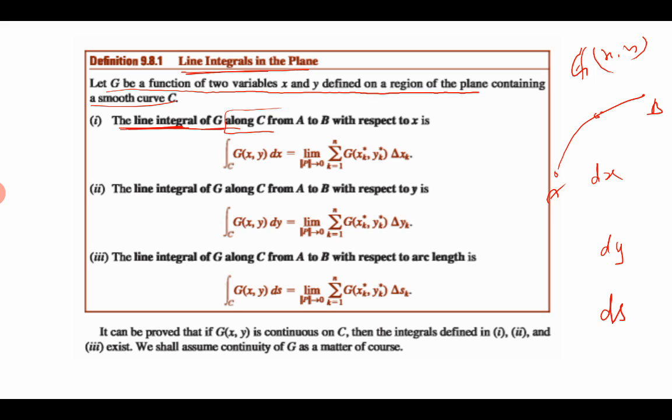When the longest length tends to 0, there will be an infinite number of parts, so it resembles a Riemann sum. This is for dx, this is for dy, this is for ds.